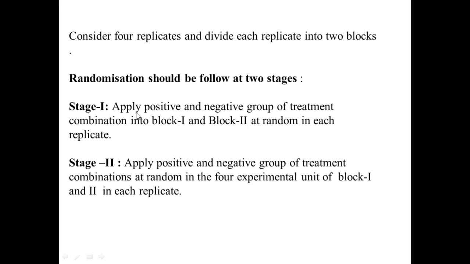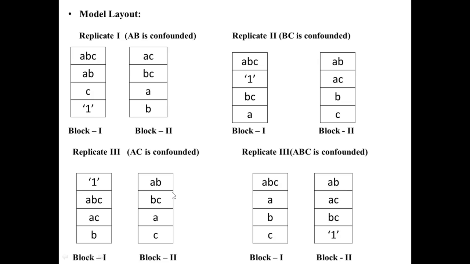In stage 1, we apply the positive and negative groups of treatment combinations to block 1 and block 2 at random in each replicate, and in stage 2, we apply the treatment combinations at random to the 4 experimental units of block 1 and block 2 in each replicate. In this way we get the model layout when all interaction effects are partially confounded.